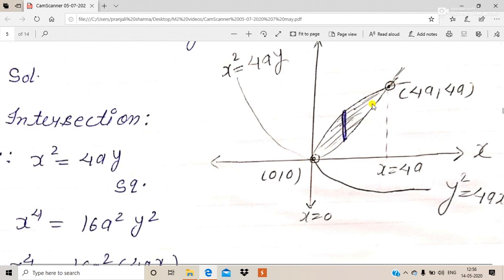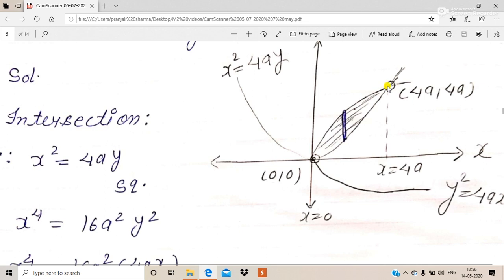So the limits of x will be here, the value of x is 0, and this is the next intersection, so the upper limit of x will be 4a. So we have to integrate to find this much area between the limits y is equal to x square by 4a to root over 4ax, and between the ordinates x is equal to 0 from this point to this point.